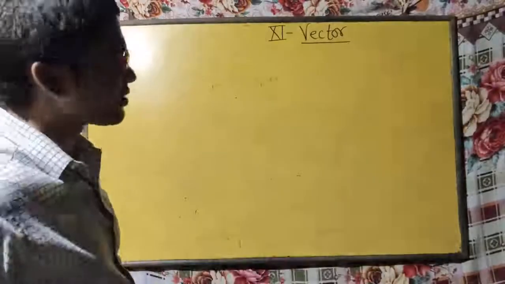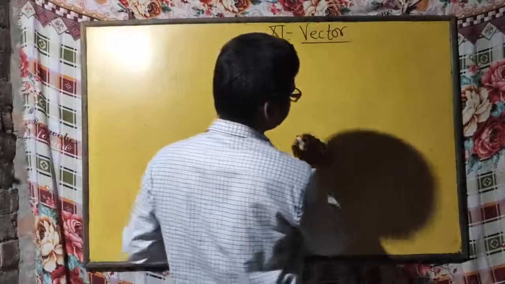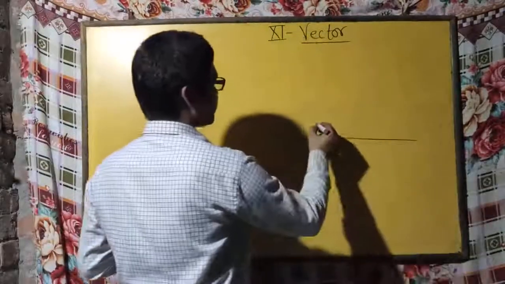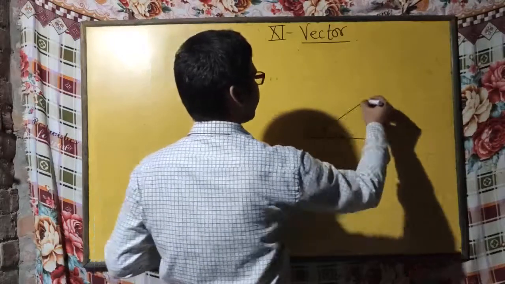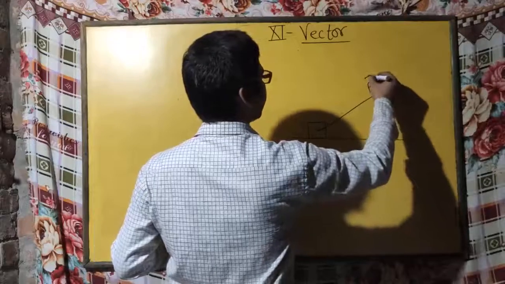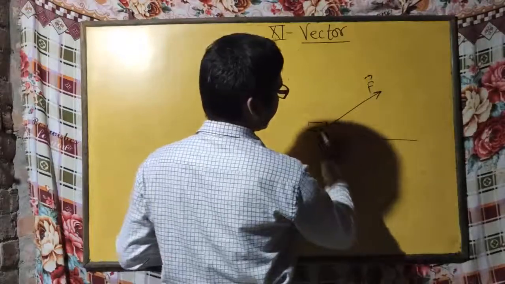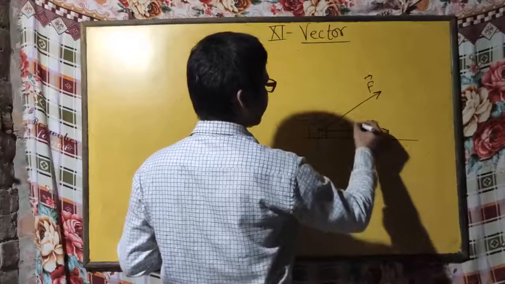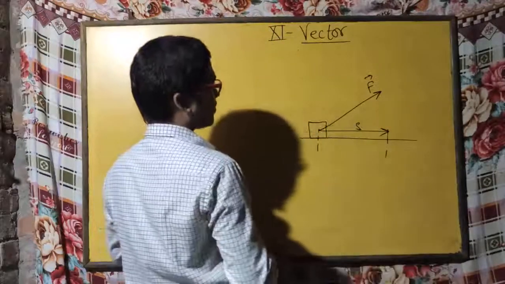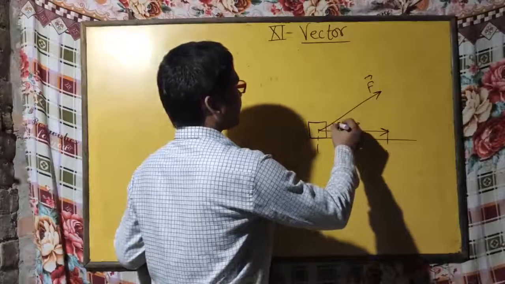Now let's see another example. Suppose this one is a box, and a force F is applied on the box in this direction, and the box is moving in this direction, and suppose it is displaced by distance s, and the angle is theta.